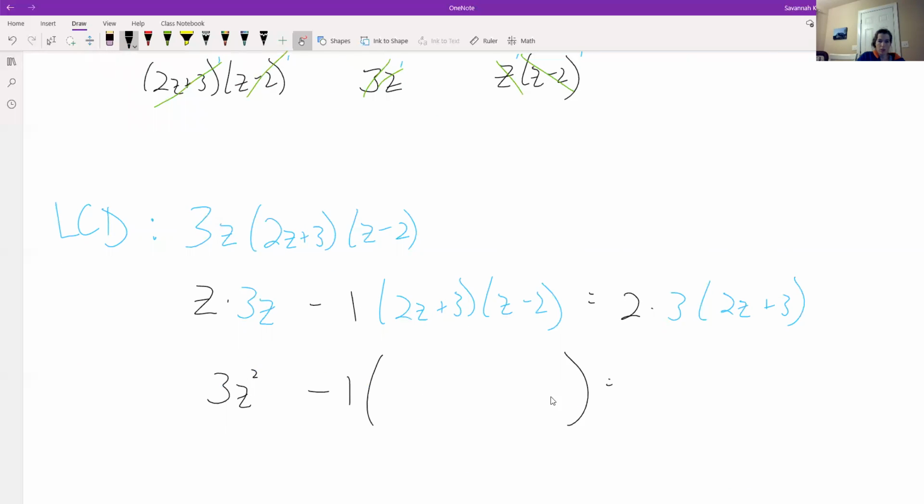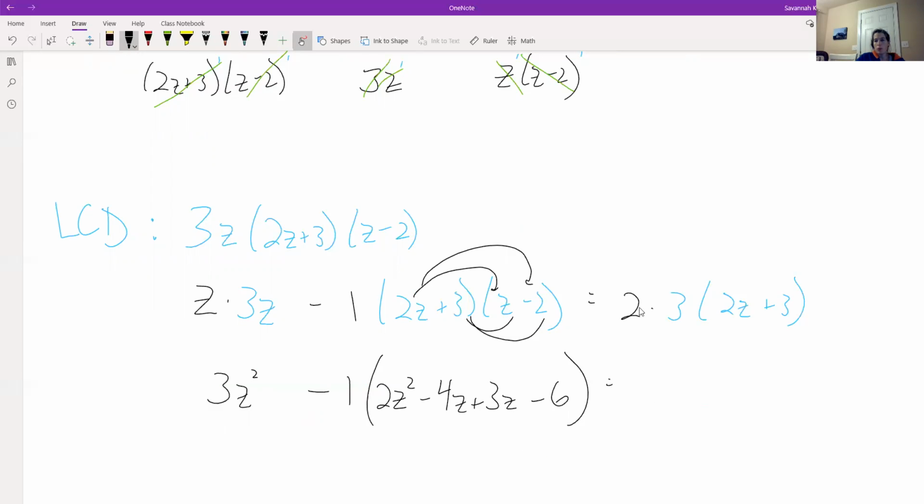Now, I have to leave them in a set of parentheses so that that negative 1 can come along and change all their signs. So 2z times z, 2z squared. 2z times negative 2, so minus 4z. 3 times z, 3 times negative 2. So there I go.